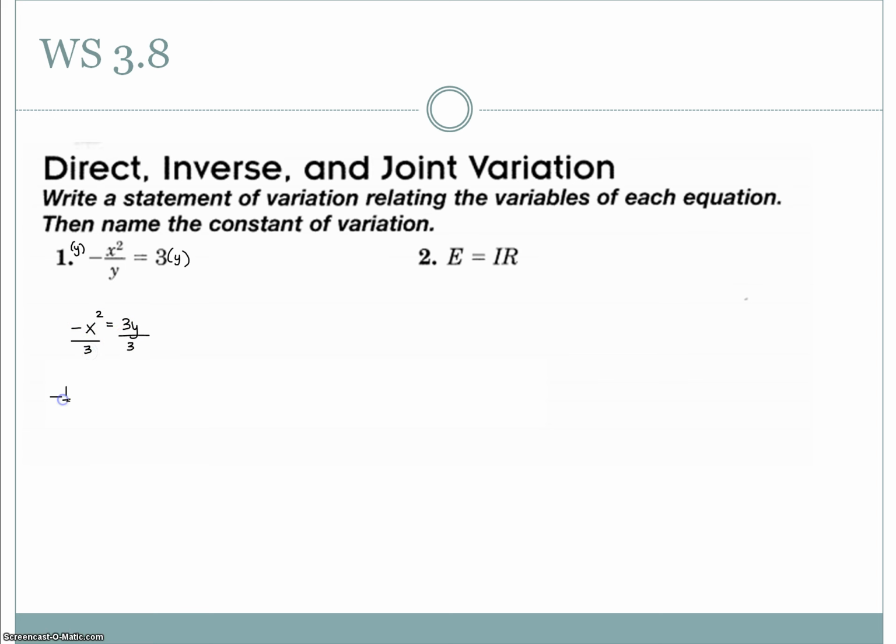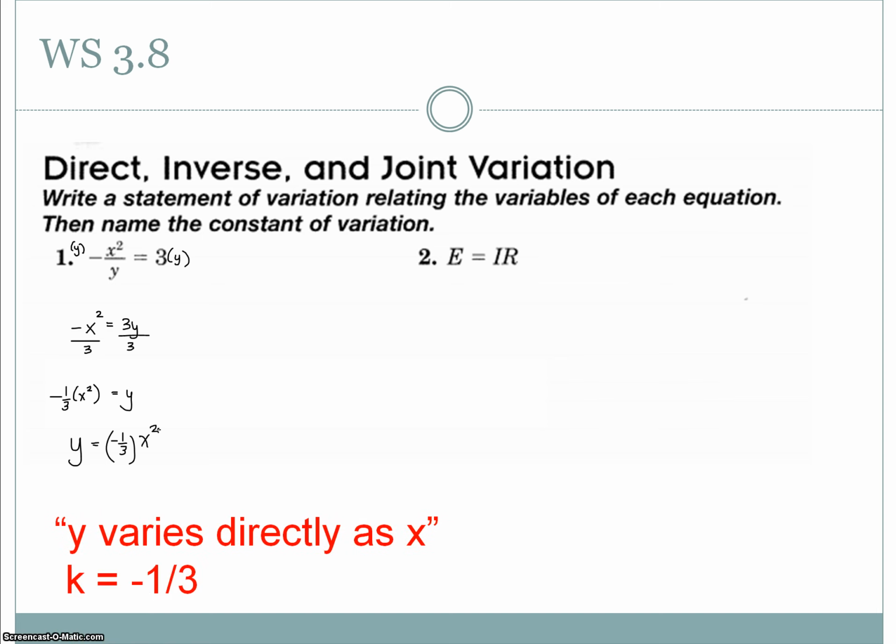And finally, I get this: y equals negative 1/3 x squared, or if it helps to write it this way, y equals negative 1/3 x squared. And this to me looks like y equals some constant times x squared. And that means that y varies directly as x squared.